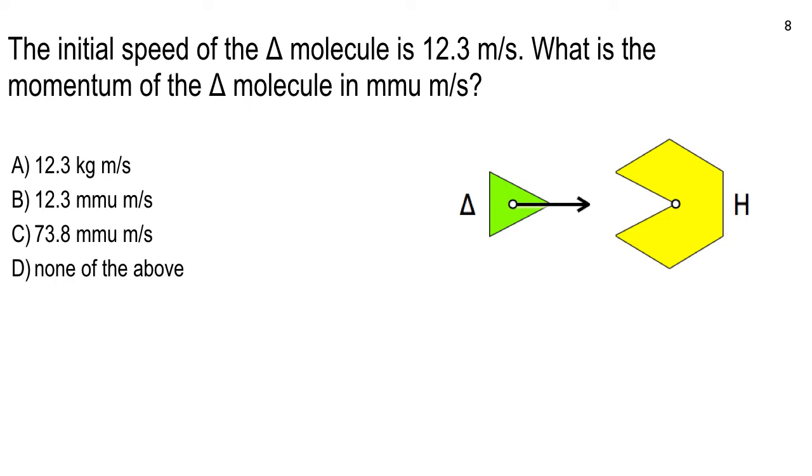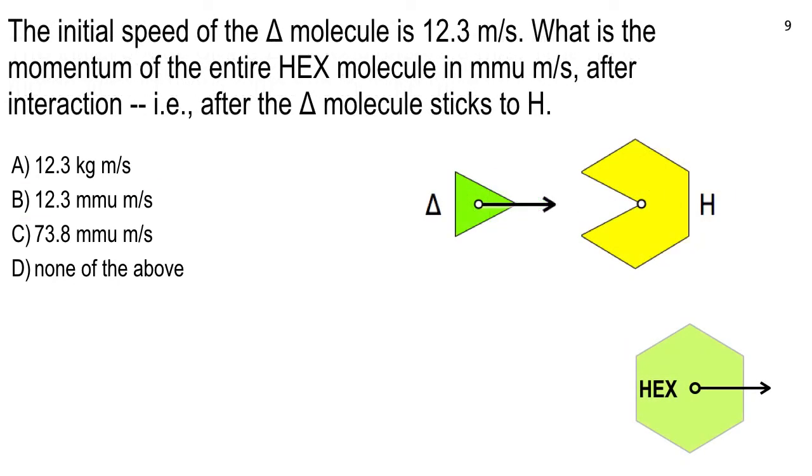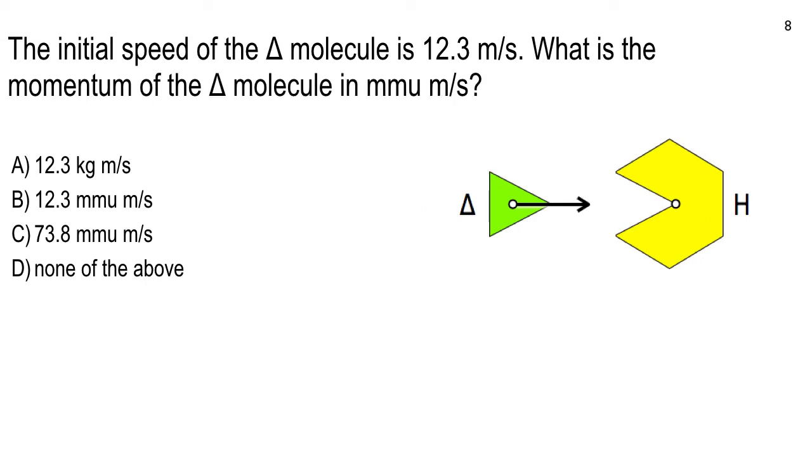Yeah, the correct answer is 12.3 MMU meters per second. Now, eventually these units are going to cancel out. So I could call them molecular mass units, I could call them Bob if I want, because in this problem they cancel out.